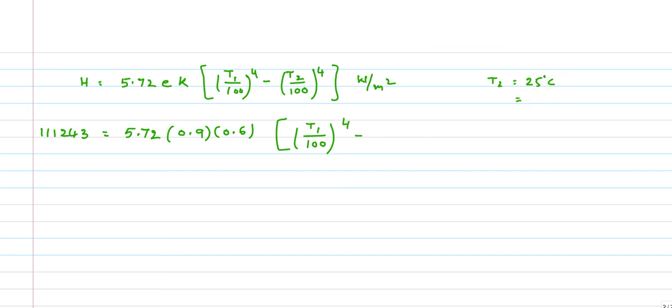So it should be 25 plus 273, which is equal to 298 degree Kelvin. So you can substitute 298 here divided by 100 whole power 4.